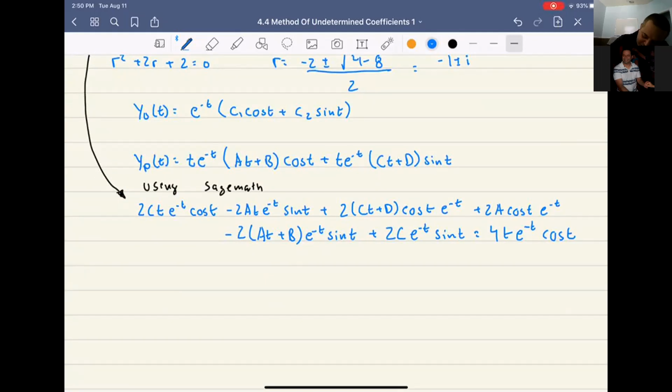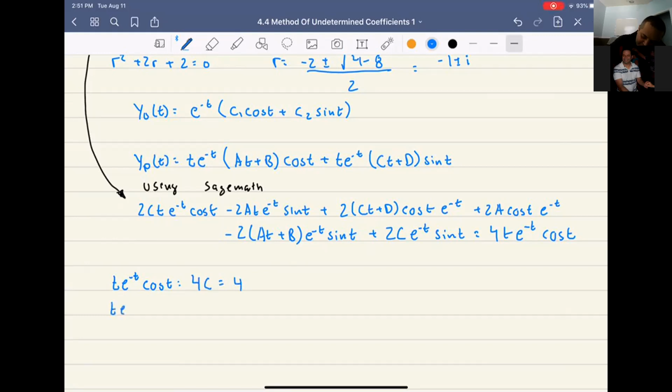Let's match t e to the negative t cosine t on both sides. The left-hand side is going to have 2c from here and 2c from here. That's the only place where we have t cosine of t e to the negative t. So we're going to have 4c equals 4.